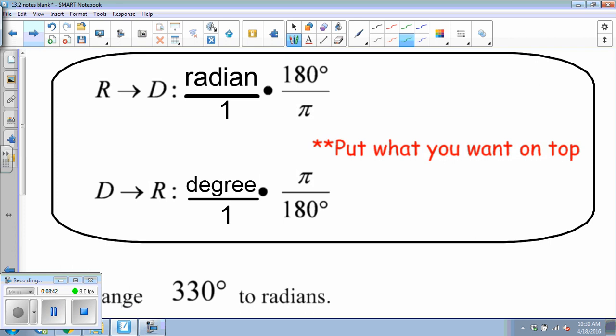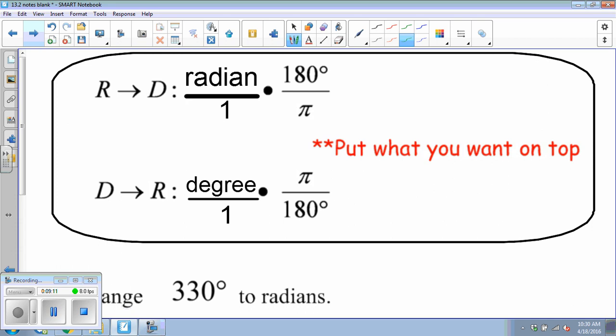Okay, so if we want to go from radians to degrees, I want you to dig deep back into your elementary school brain, when you had to do unit conversion. Okay, if we wanted to convert, say, quarts to gallons, you would multiply however many quarts you have. Okay, you don't need to write this down.